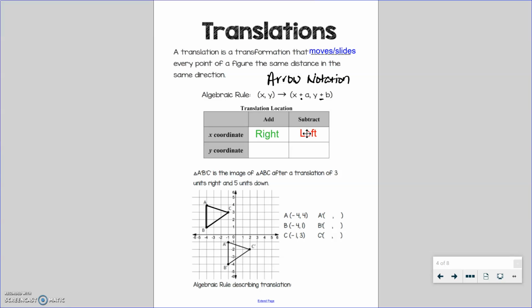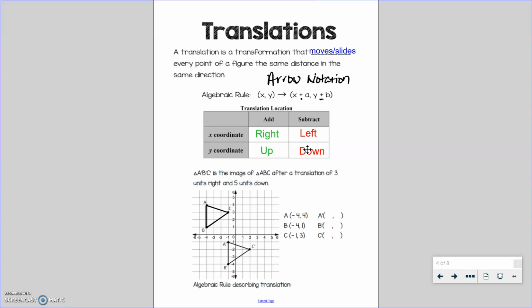For your y coordinate, if you are adding, you are going up. If you are subtracting, you are going down. Okay? So right and left affect the x coordinate, and up and down affect the y coordinate.